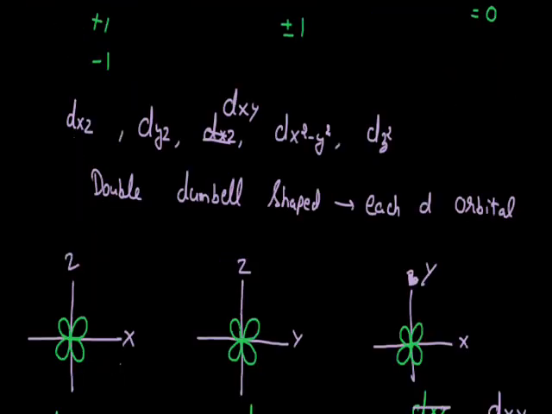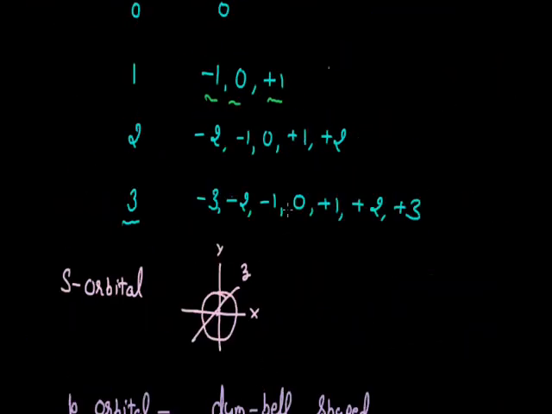Now if we move to the next one, as we have seen initially, the f subshell has the maximum possible values of magnetic quantum number, that is 7 values. Each value indicates one orbital. That is why this f subshell contains a total of 7 orbitals, and these orbitals have the names fyz square.